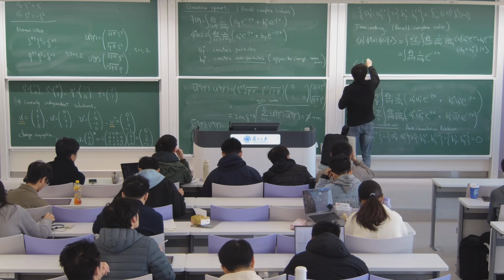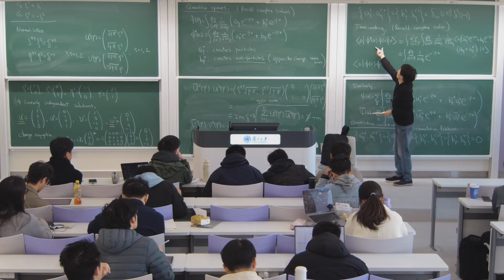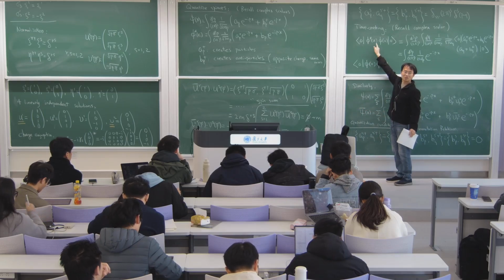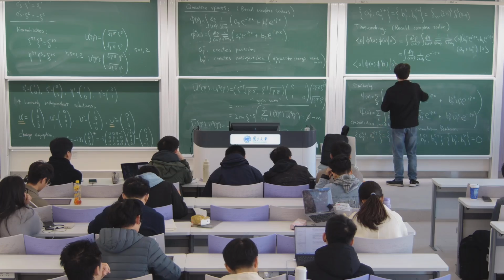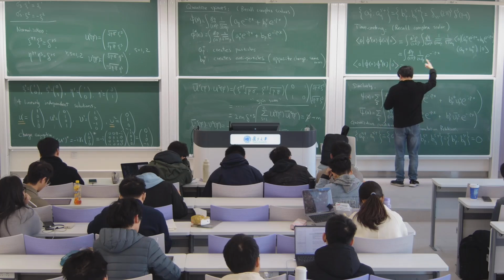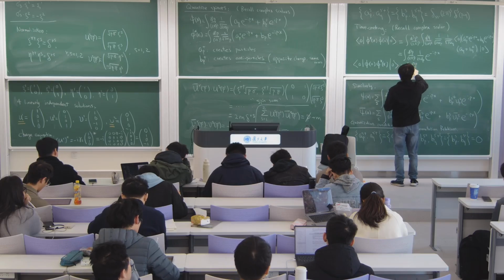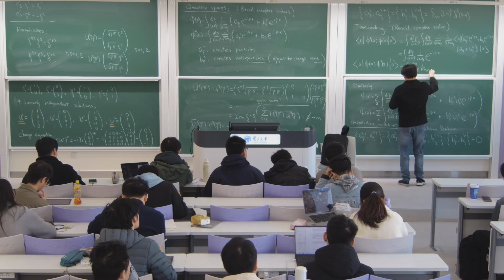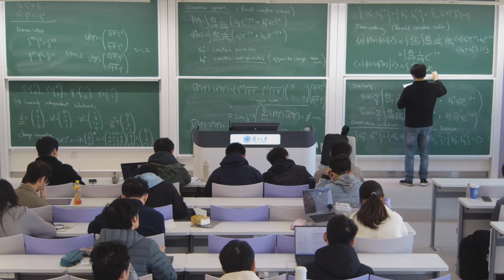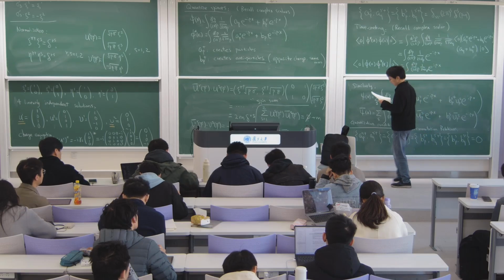And you can also compute the phi star at x with phi at 0, which is just switching the two insertions. You get this one, and then you get the result, which is e^{ip·x}.